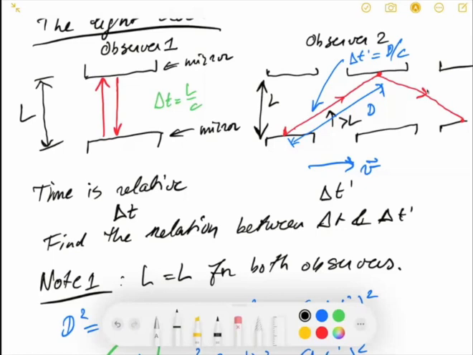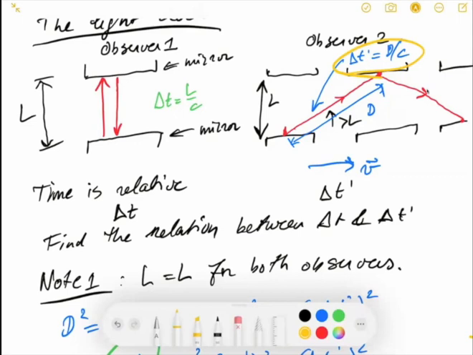Now the thing that's obviously messing with our understanding is first this part. We're saying, well, whatever that distance is, when we divide it by the speed of light, we're going to call that basically our new delta t prime.